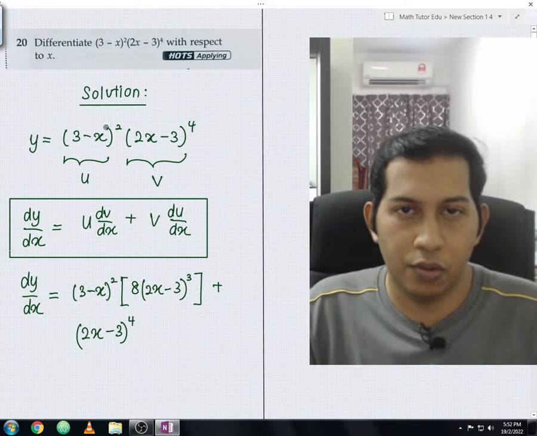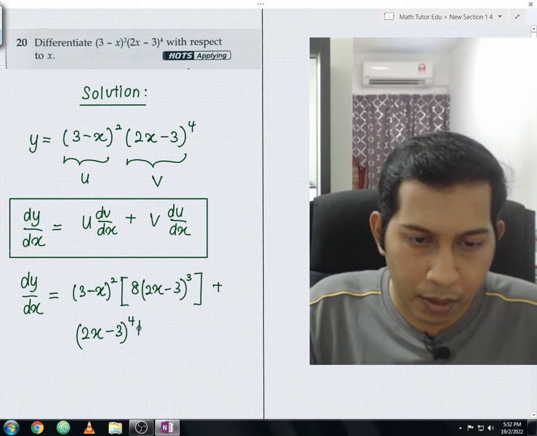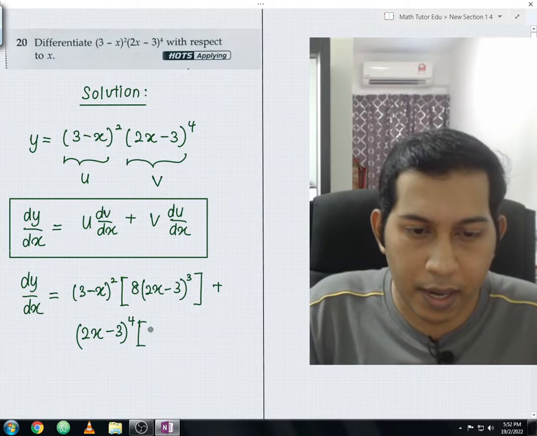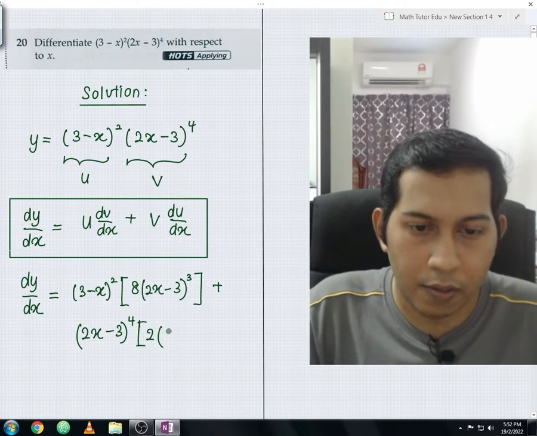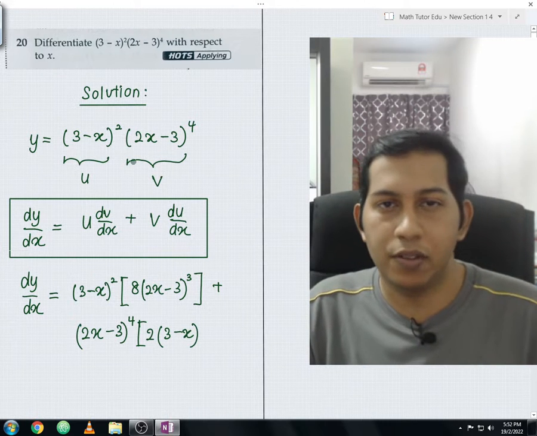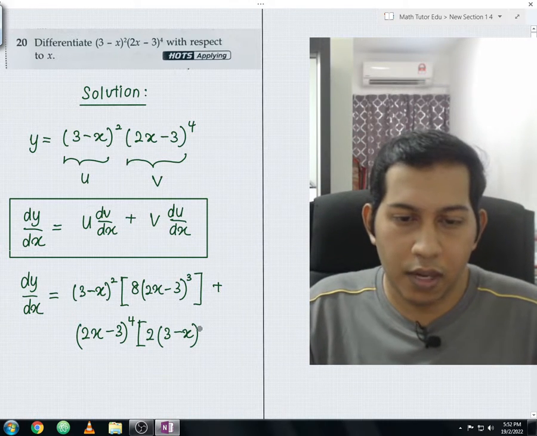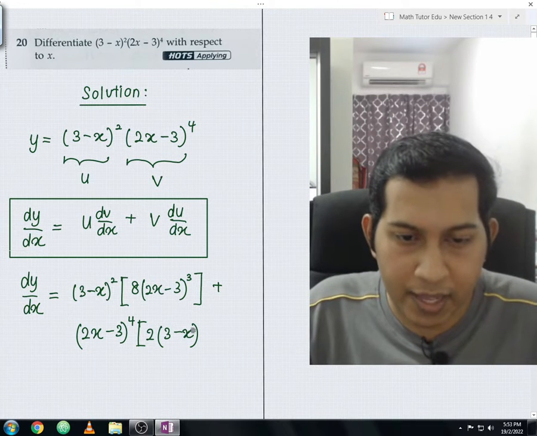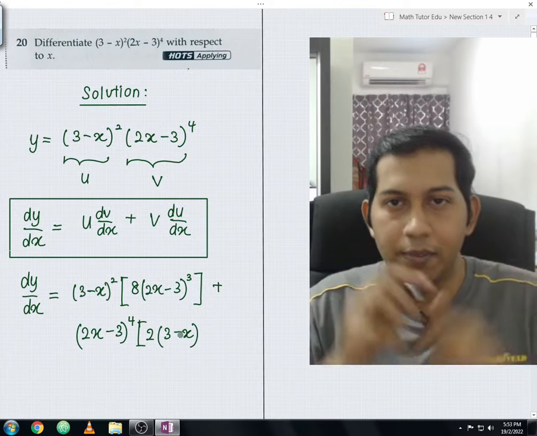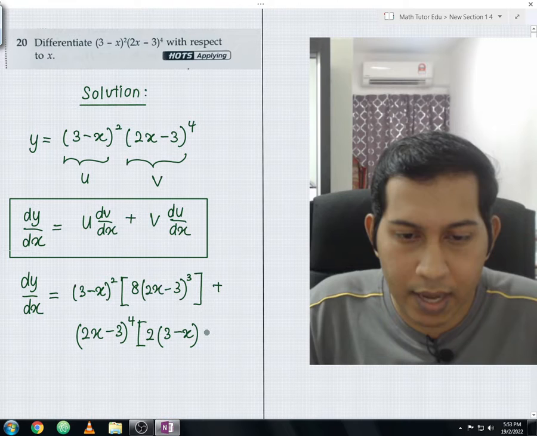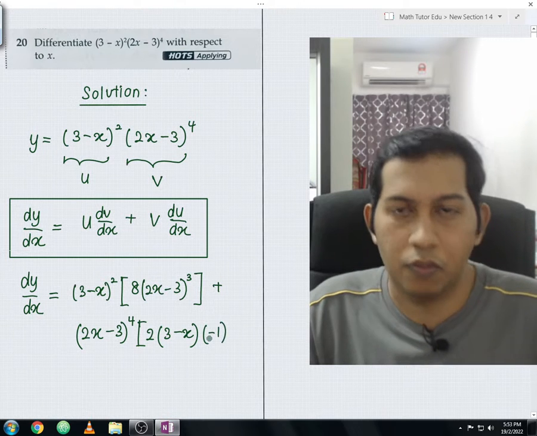In this case I choose to do the product rule way. Times with, so 2 you move it in front of the bracket here, and then you write the 3 minus x inside the bracket. The power you minus 1, so you don't need to write the 1 here, it is understood that it is power of 1. Then you need to differentiate the expression inside the bracket. When you differentiate this you should be getting negative 1.